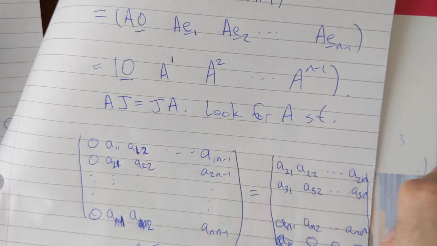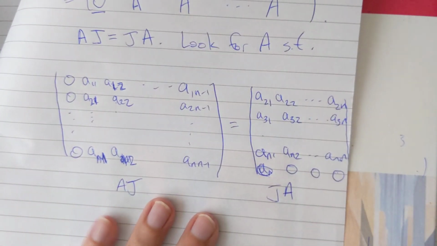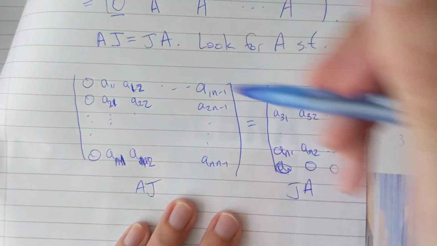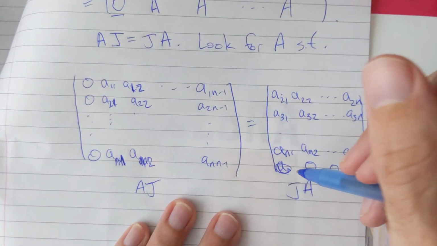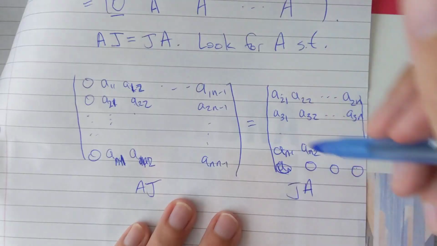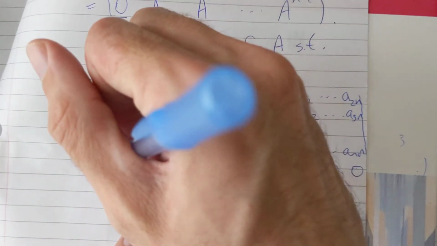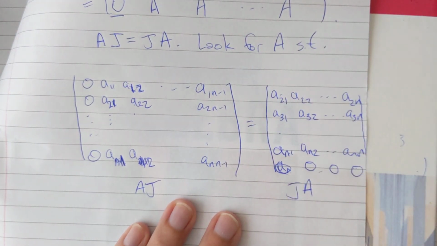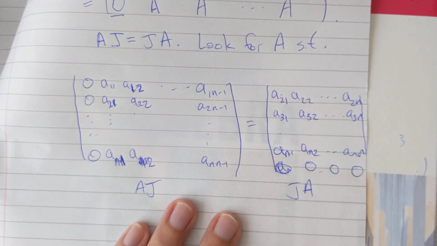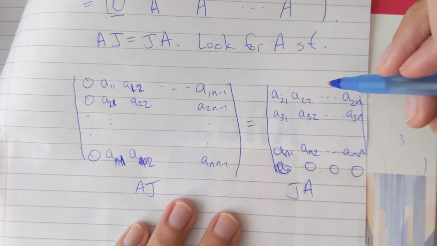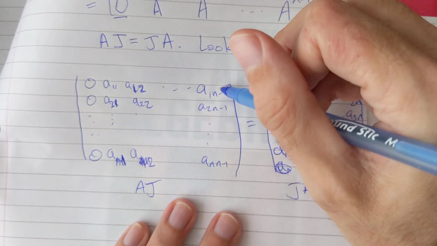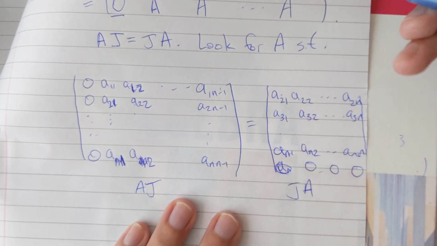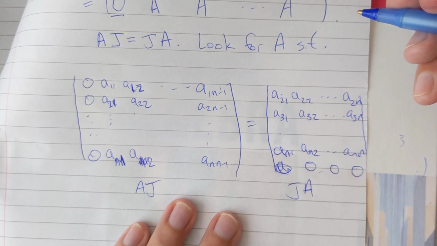Once you have that, you can just compare things, right? It tells you that A21 is 0, A31 is 0, AN1 is 0, 0 equals 0, but it also tells you that AN1 is 0, AN2 is 0, stuff like that. What else does it tell you? It tells you that A1,n minus 1 equals A2n, and all kinds of equations.